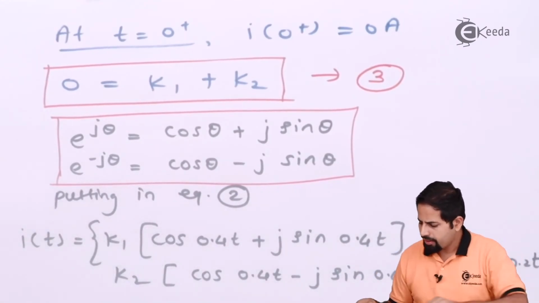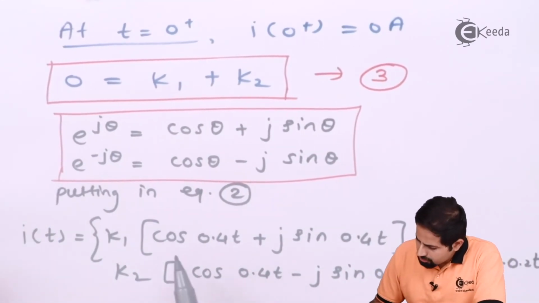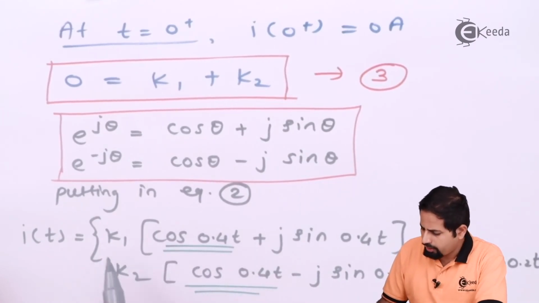And now if I collect the terms, you can see here this cos of 0.4 t here and here, so I can combine it.